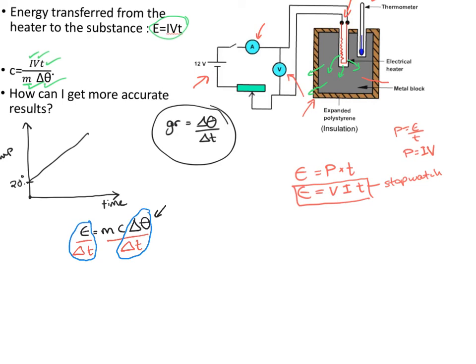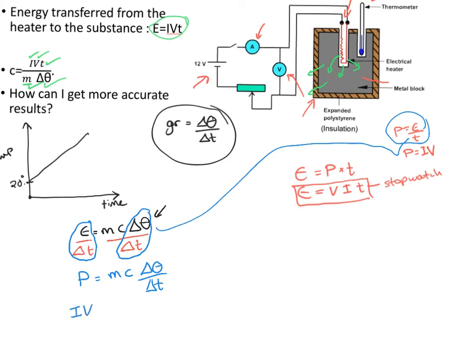We know that E divided by T, if you look back here, it's power. So in other words, if I simplify my equation, power is equal to mc delta theta over delta T. And we already said that power is equal to I times V. So you can leave it as power.